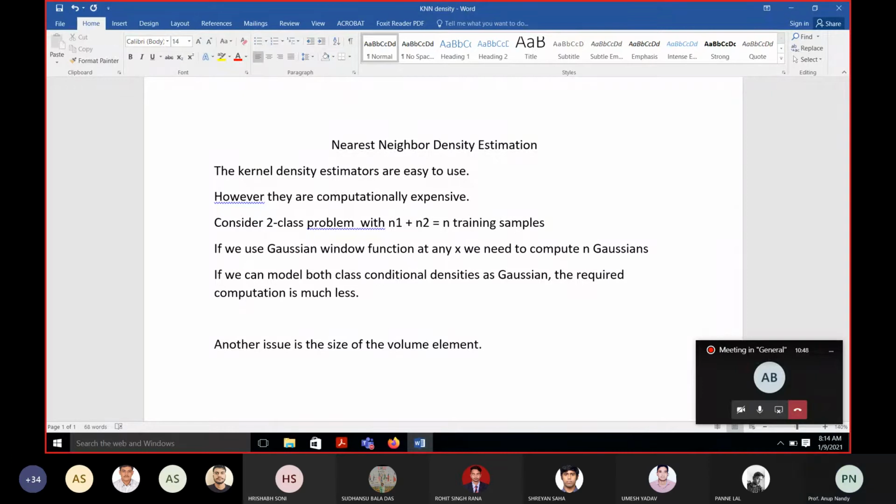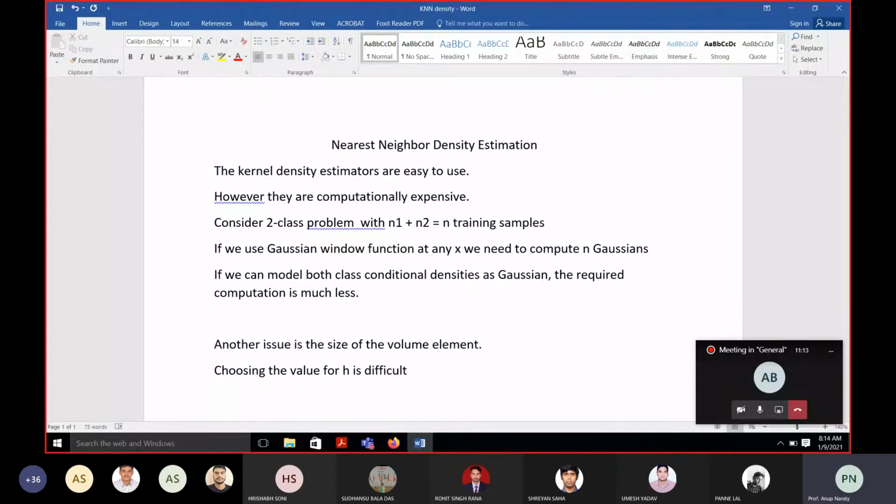Now the concept is that choosing the value for h is difficult. That is the concept. Okay, so how do you choose the value?